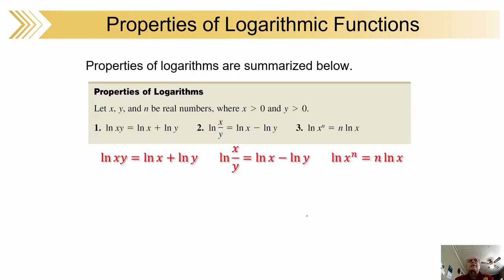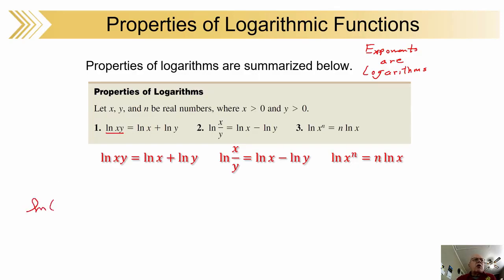Now we've got 3 simple properties. What's the most important thing to remember? Logarithms are exponents. If you remember that, and the logarithm of a product. So if you think of it this way, look at this.